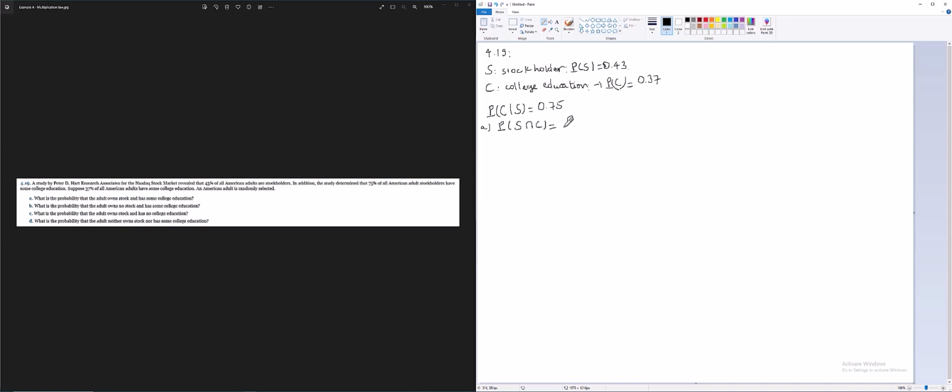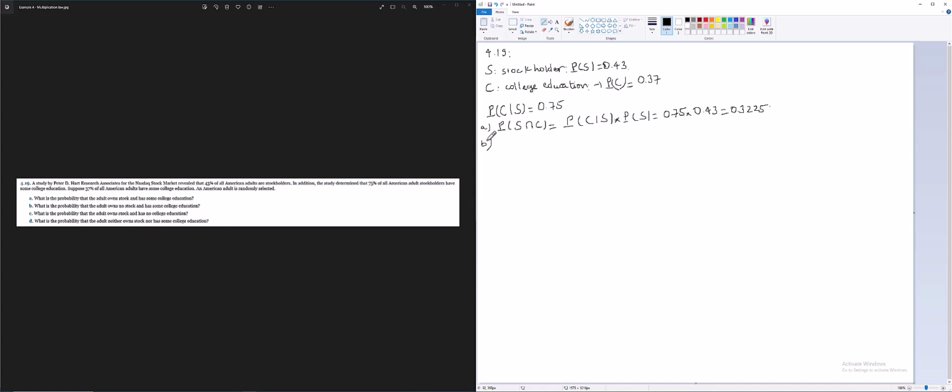So that would be P of C given S times P of S. That's the formula for the multiplication law, and that's 0.75 times 0.43, and that is 0.3225. So that's the first part.